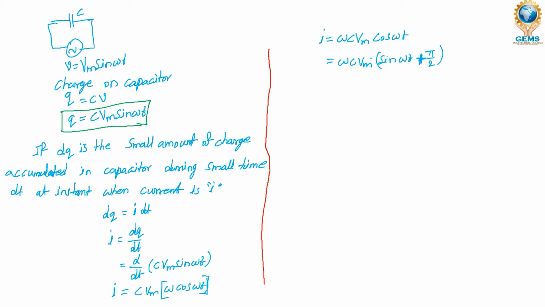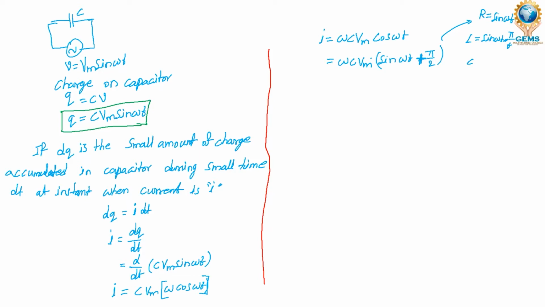Here this value, in case of resistor, it is sin omega t. In case of inductor, it is sin omega t minus pi by 2. Okay, let me write. You need to remember this. In case of inductor, it is sin omega t minus pi by 2.